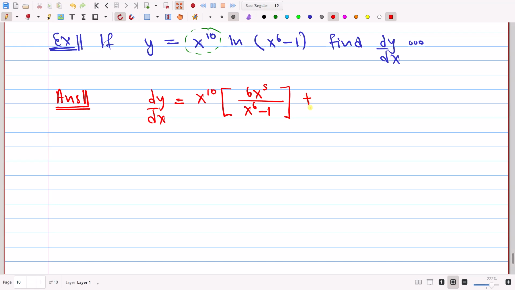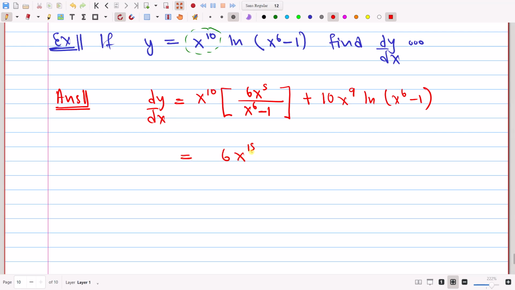Then I say plus. Now I'm going to reverse their roles. Since I was keeping the first one stationary and differentiating the other one, now I'm going to keep the log stationary while I differentiate x^10. If I differentiate x to the power 10, I get 10x to the power 9, times ln of x^6 minus 1, which I was keeping stationary.